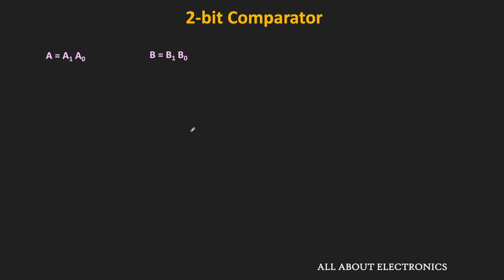So first, let us see the 2-bit comparator. As I said, for a equal to b, both the numbers should be equal. That means a1 should be equal to b1 and a0 should be equal to b0. Earlier, for the 1-bit number, we have already seen the logical expression for equality, and that was a XNOR b. So in this case, the logical expression for a equal to b is a1 XNOR b1 dot a0 XNOR b0.